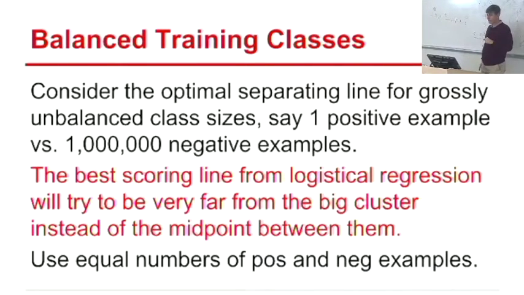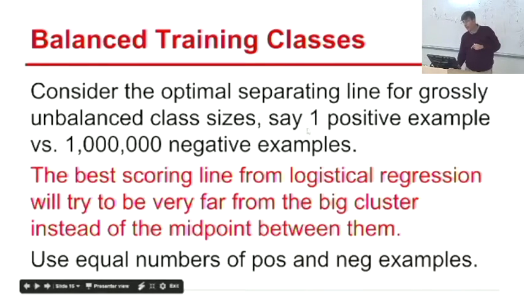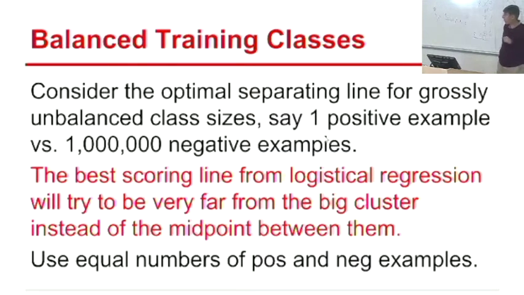Okay? And so this is an argument that we should use the same number of positive and negative examples in training a classifier. Any questions? So by taking that line, the classifier is getting more points for classifying them?